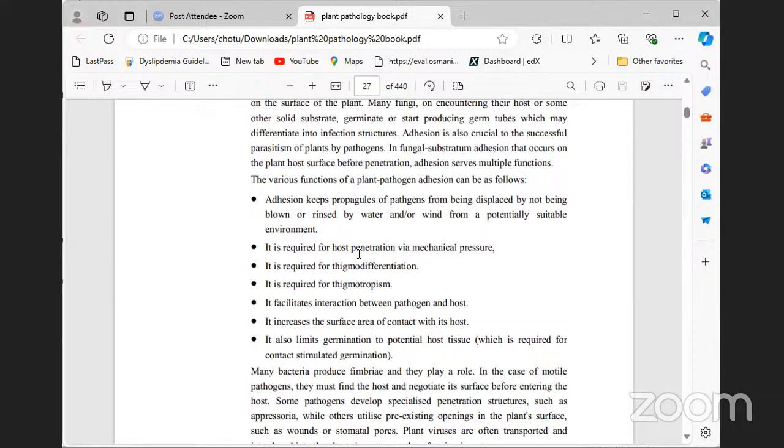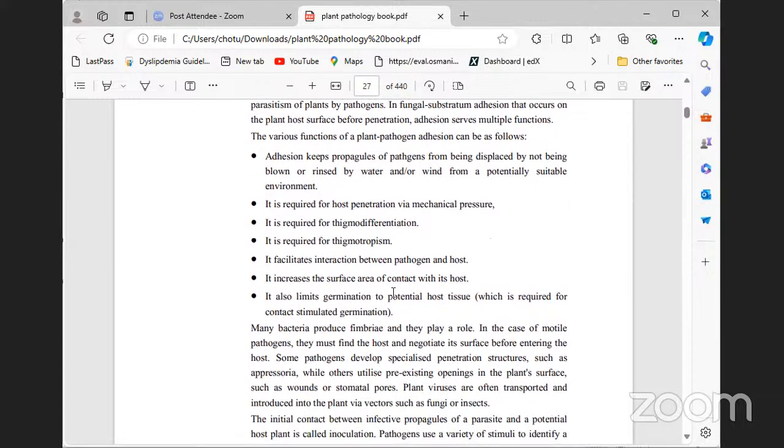It is required for thigmo-differentiation and thigmotropism. It facilitates interaction between pathogen and host, and increases the surface area of contact with its host.